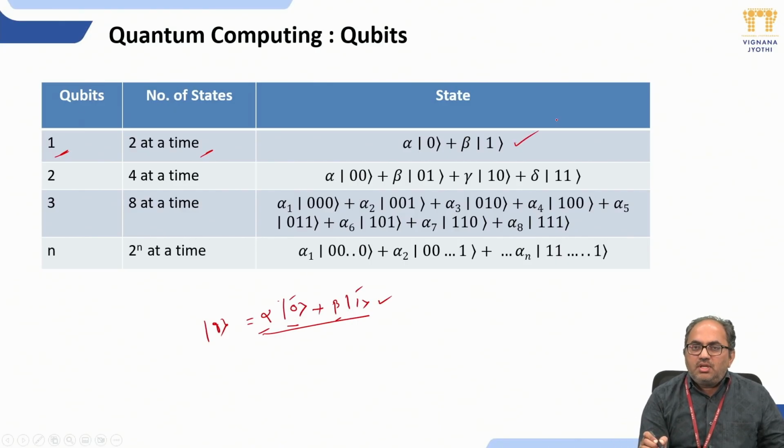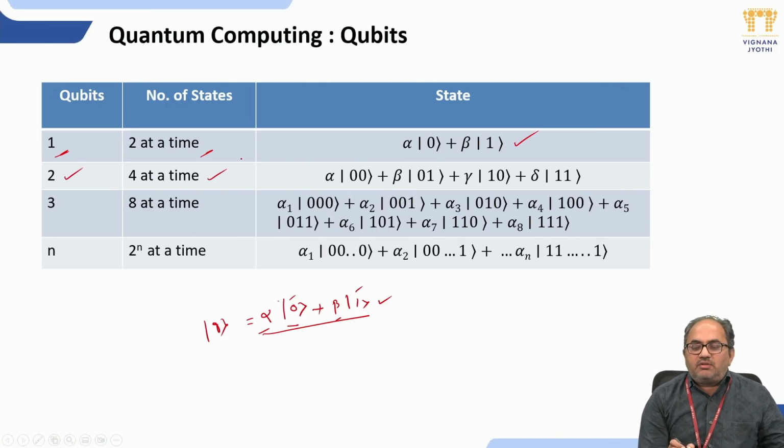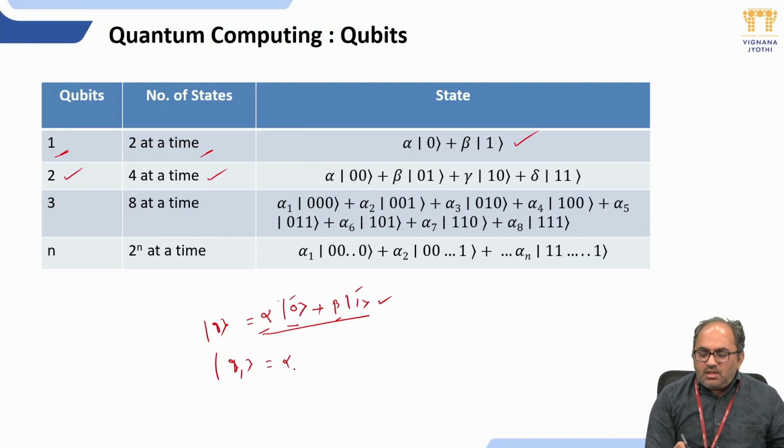This is the state. For example, if you have two qubits, you can generate 4 states at a time. Let us see how we get it. I have a qubit Q1, which is expanded as alpha 1 |0> plus beta 1 |1>. I have another qubit, Q2, written as alpha 2 |0> plus beta 2 |1>.